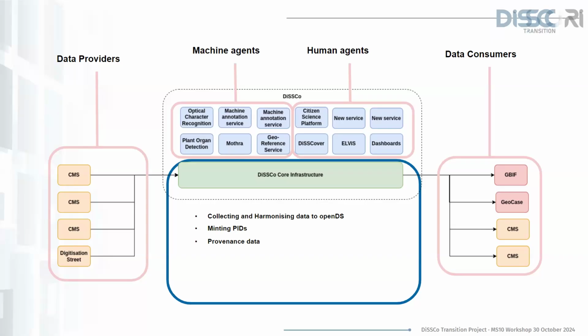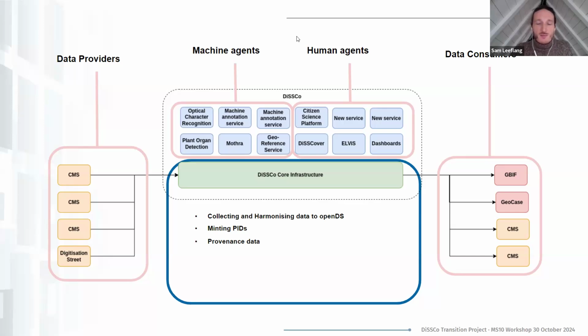We focused it on the specimen. Most standards, such as Darwin Core, are focused on the occurrence, but we pivoted it a bit and focused it on the digital specimen. And we aligned it and got inspiration from the GBIF unified model.